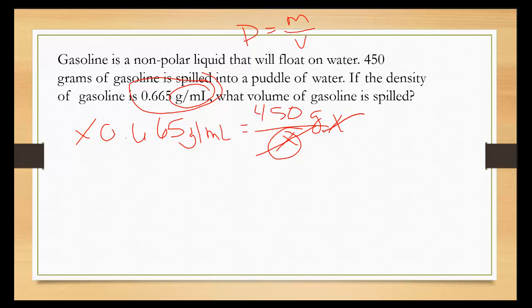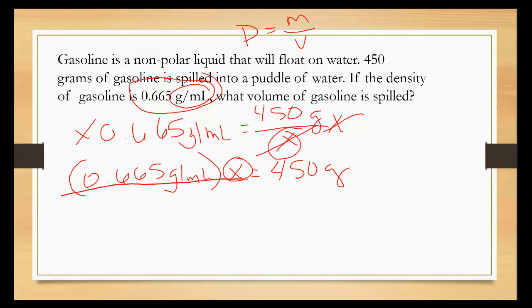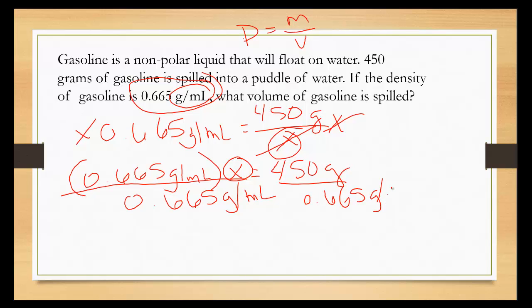Now I want to get X by itself on the left-hand side, so I'm going to divide both sides by 0.665. That gives me X is equal to 450 divided by 0.665. The grams cancel. I'm left with milliliters.